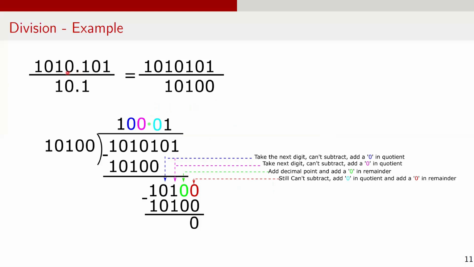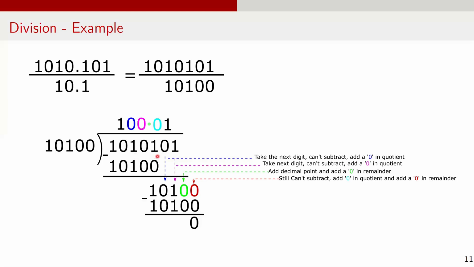Let's do an example to understand division operation. Here 1010.101 is the dividend and 10.1 is divisor. We get rid of decimal number and the divisor becomes 10100 and the dividend is 1010101. And then we do a long division.